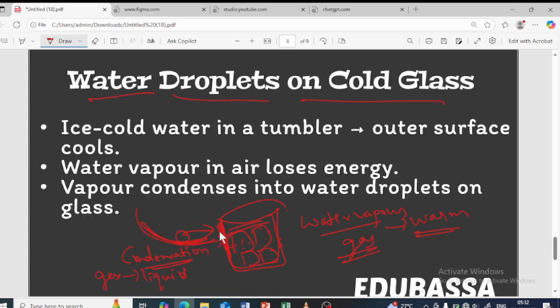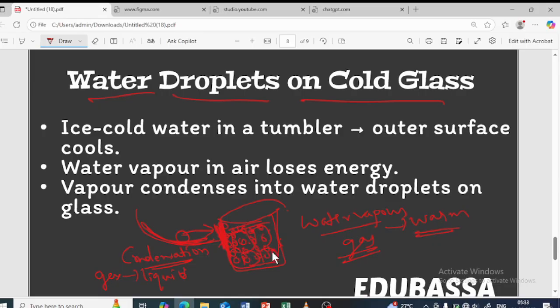When it is directly coming in contact with the cold surface of the glass, the heat energy from the warm air is going to transfer. So when it transfers, it will lose the heat energy, and the condensation of the vapor is going to take place into the water droplets. So hence you can see the water droplets on the surface of the cold glass.